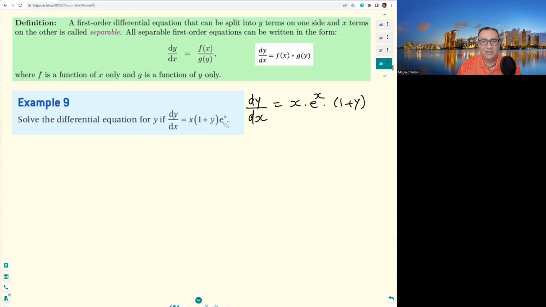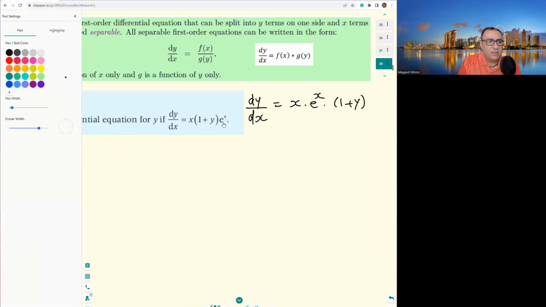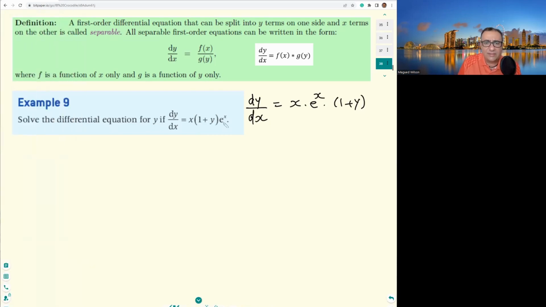So now I can see x times e to the power of x is a function of x, so f of x, and 1 plus y is a function of y, let's say g of y. So awesome, this is a separable differential equation.